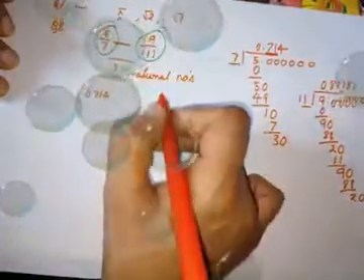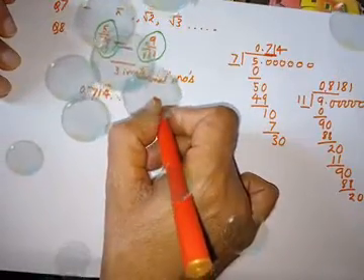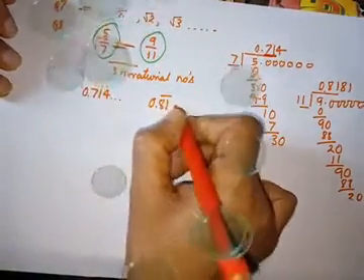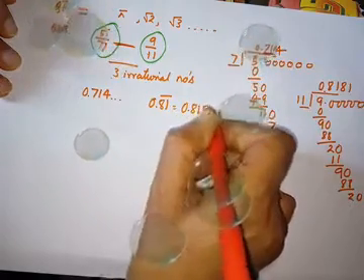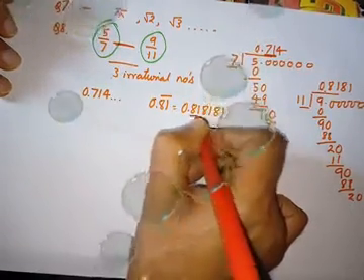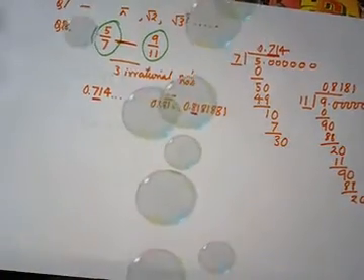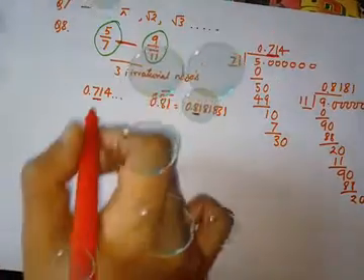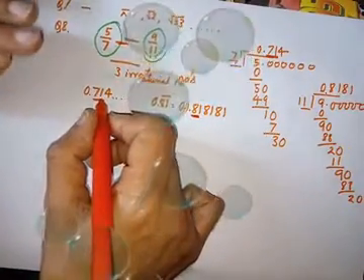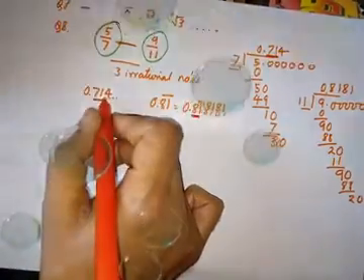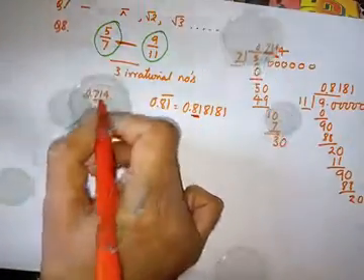So the decimal representation of 9 upon 11 is 0.81 bar, or 0.81. We are bothered about only 2 digits. I'm taking the first 2 here and these 2 here. Even 5 upon 7 is greater than 0.71 because 714 is there, and after that whatever the value, it means 4 is there, so 71.